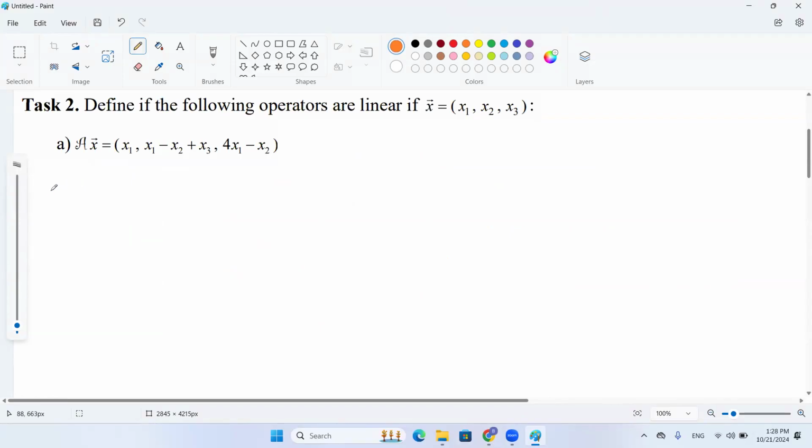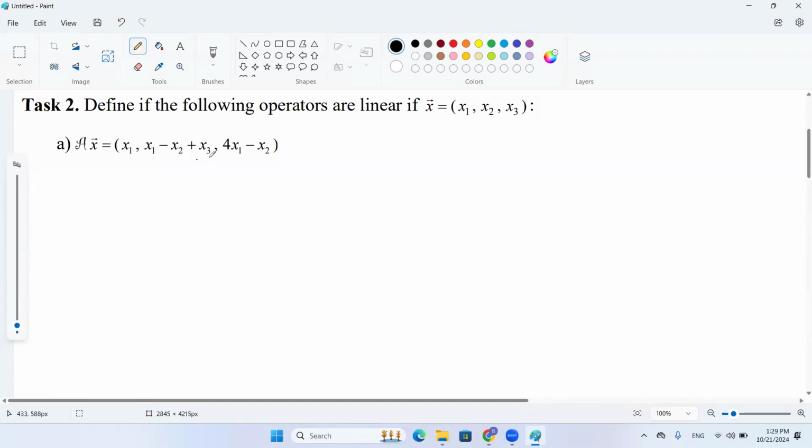So actually we need to do the same that we did in the previous exercise. But here we have another form of the operator. If we apply operator A to x, it transforms our vector x1, x2, x3 to another view. So the first coordinate is not changed.